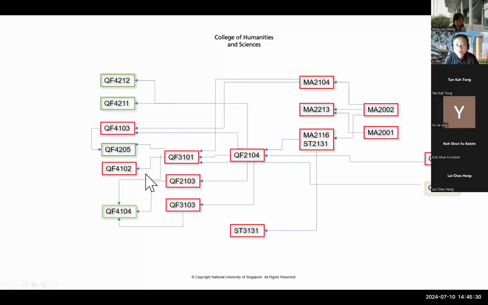From my picture here, in year one, semester one, it is theoretically possible that you would take MA 2002, that's the calculus, MA 2001, the linear algebra, and QF 1100, the gateway course for the QF major. Also CS 1010.